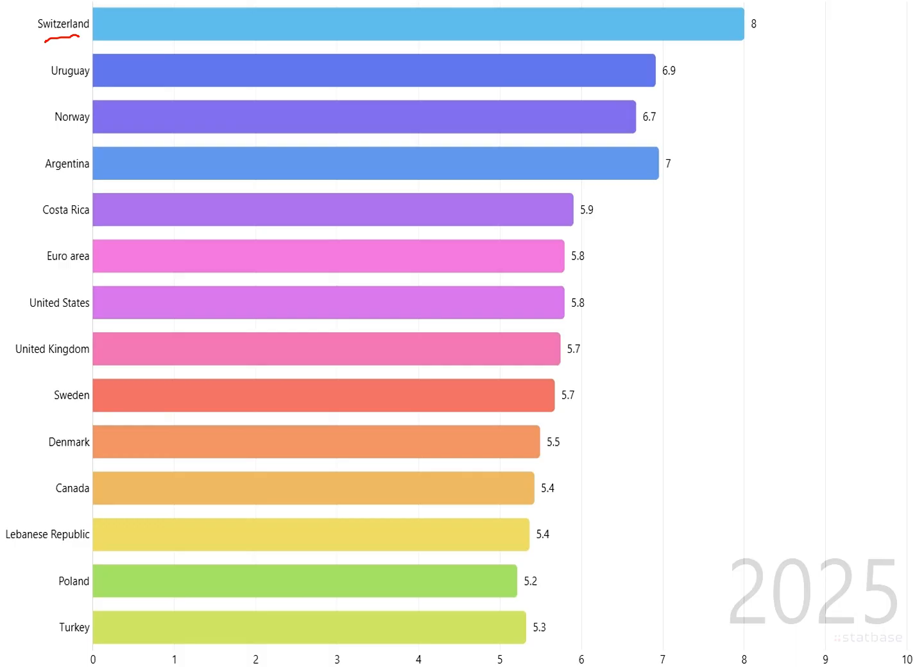In Switzerland, a Big Mac costs 8 Swiss francs. And if we look at, of course, the United States, it costs $5.80. If we look at, let's say, Canada, in Canada, it's five Canadian dollars and 40 cents.